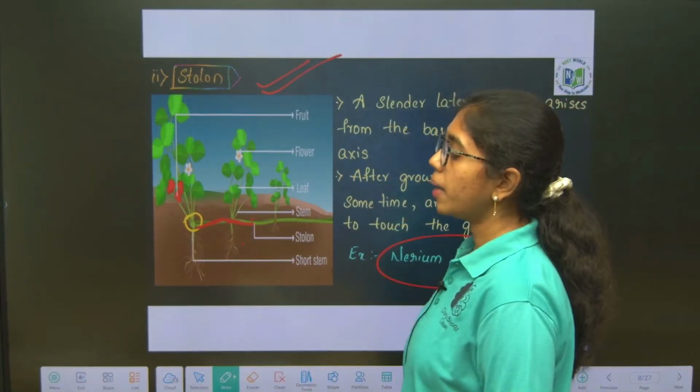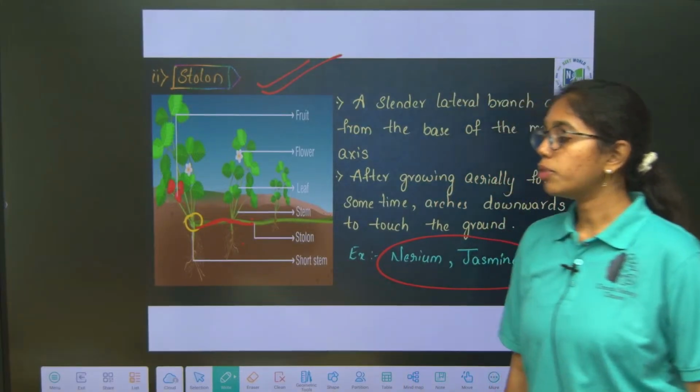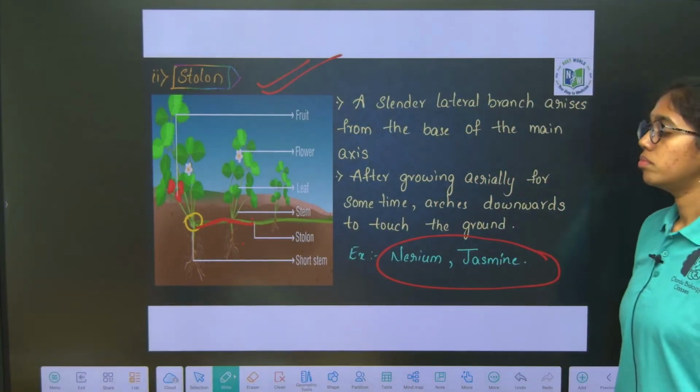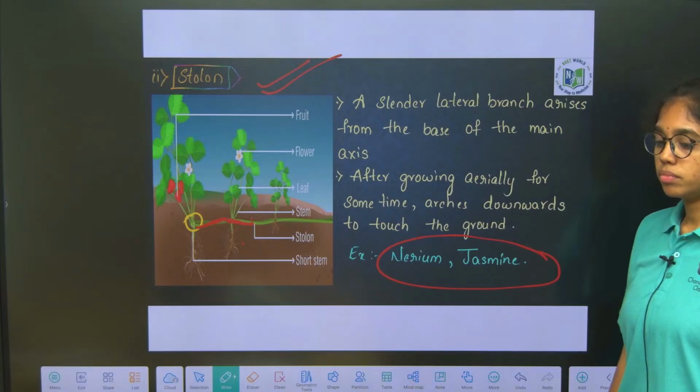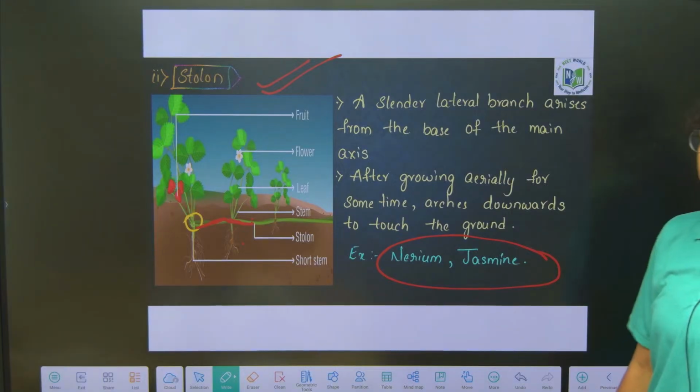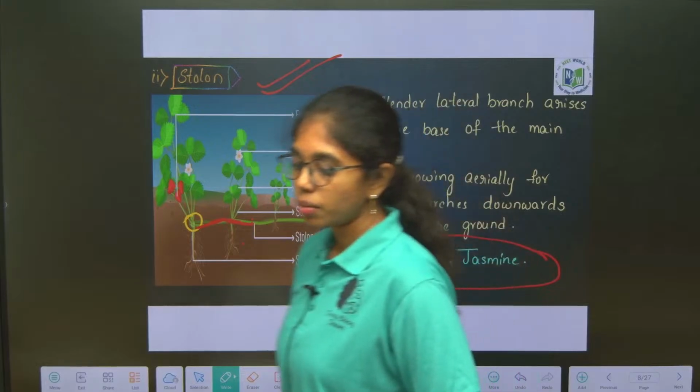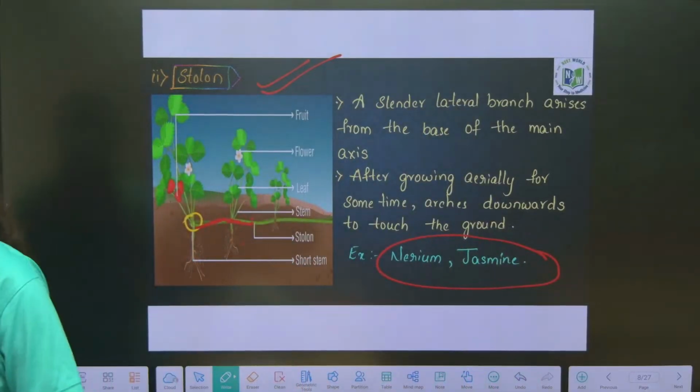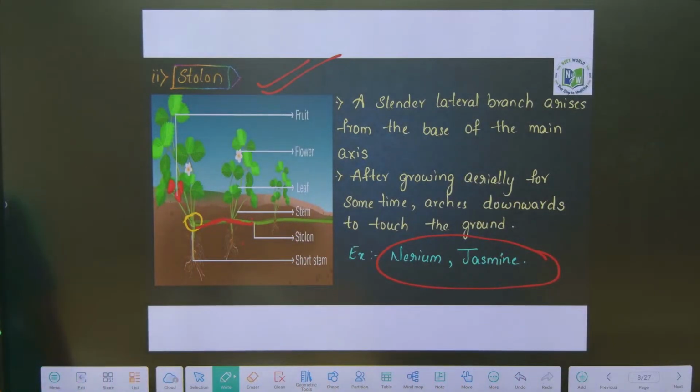Stolon did you take, ma? Abdul, respond. With the examples you take, have some patience and take, because this is purely memory based, each and every point is important.